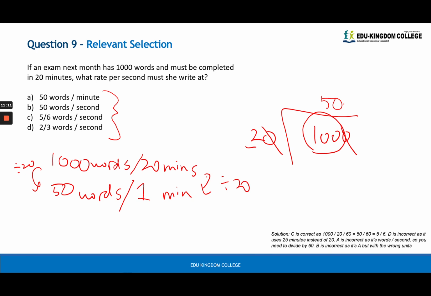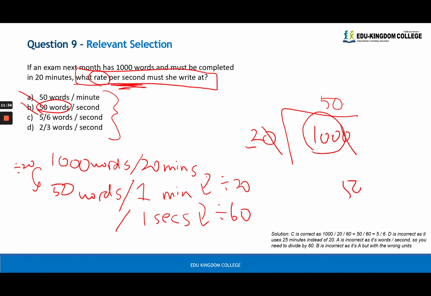Now you might think A is the answer therefore, but read the question very carefully. What rate per second must she write at? So A is not correct because it's not the correct words per second. B is definitely not correct because you have to divide this again by 60 to get seconds. It can't be 50 words, right?